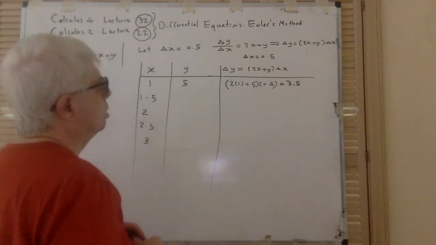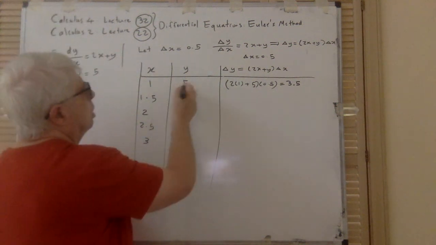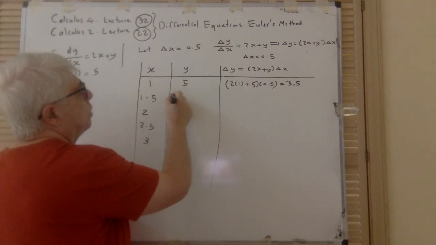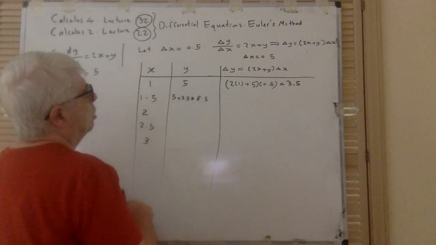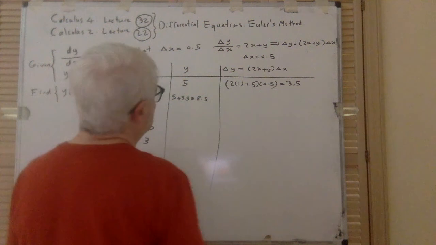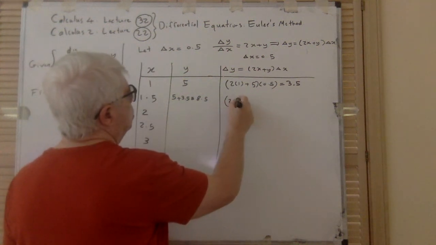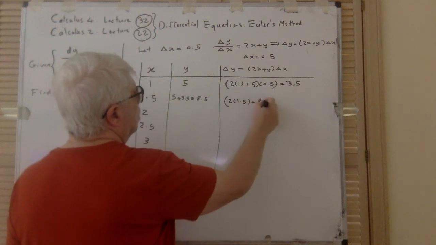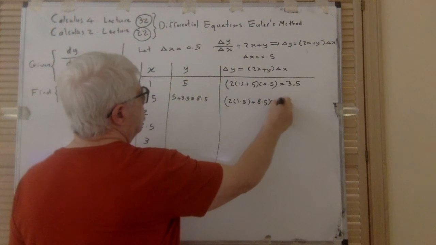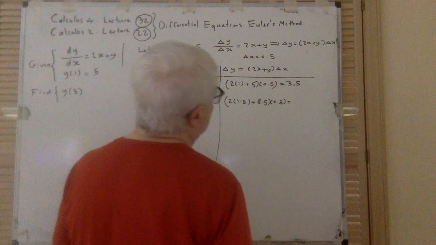So the next y will be 5 plus 3.5, which is 8.5. Okay, so now the second step I will use these two. So it is 2 times 1.5 plus 8.5 times 0.5, and that is 3 plus 8.5, 11.5.